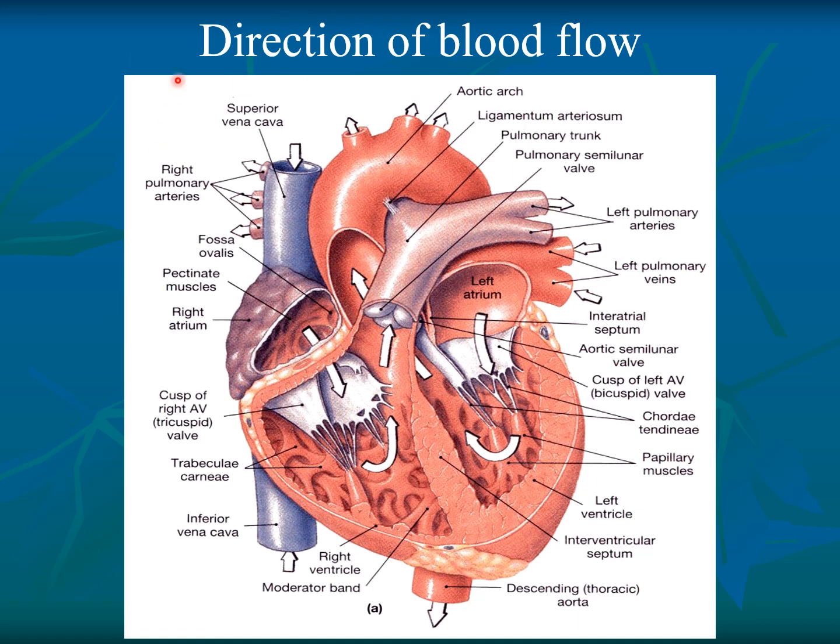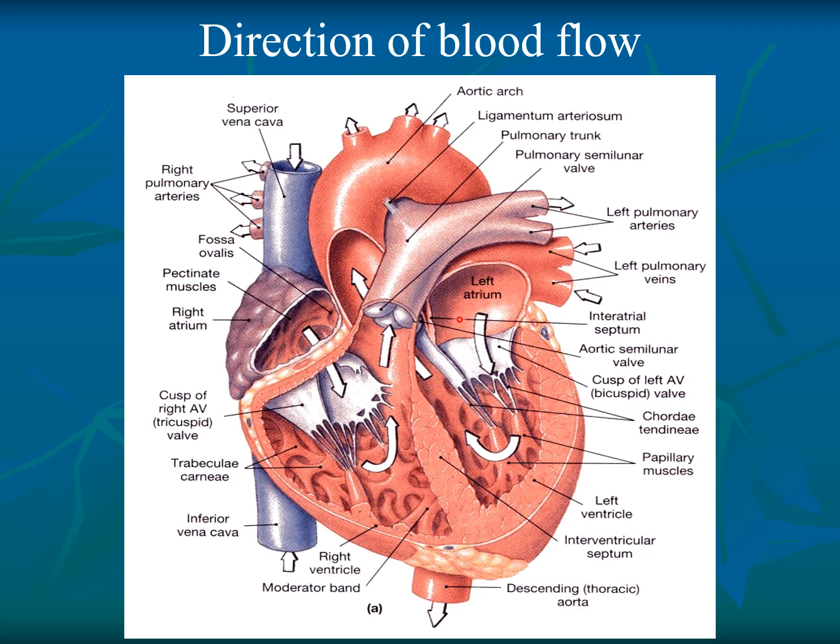So this diagram is showing the flow of the blood. So from superior and inferior vena cava, the blood is entering into right atrium. From right atrium, blood enters through right atrioventricular or tricuspid opening into right ventricle. From right ventricle, blood enters into pulmonary trunk. From pulmonary trunk, it goes to the lungs, purifies there and comes back from lung through left and right pulmonary veins into the left atrium.